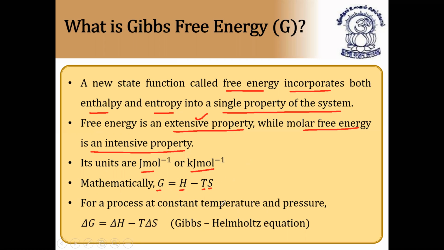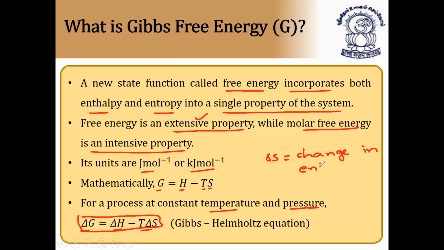For a process at constant temperature and pressure, which is very important, delta G is equal to delta H minus T delta S. This is called the Gibbs free energy. The change in Gibbs free energy is equal to the change in enthalpy minus temperature times the change in entropy, where delta S is the change in entropy. I hope it is clear.